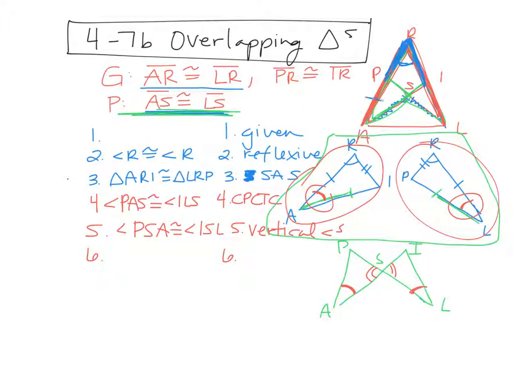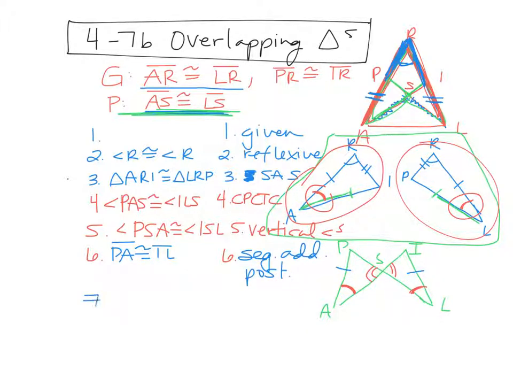So these two pieces also have to be congruent. Do you remember what that is? When the two parts have to equal the whole thing? Segment addition postulate. Right. So we're going to say PA congruent to IL by the segment addition postulate.